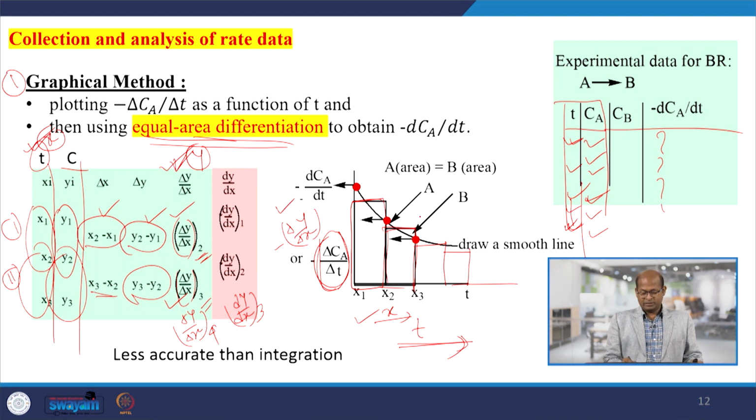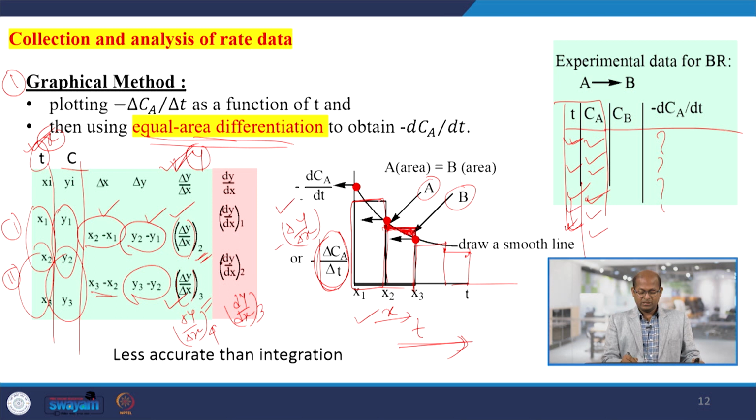At these particular points, take the red data points here. The area under these triangles should be the same: we have to take the height at this point and this point in such a way that the area of A and B is the same. Then these two data points we can consider. Like that, take other data points here also.